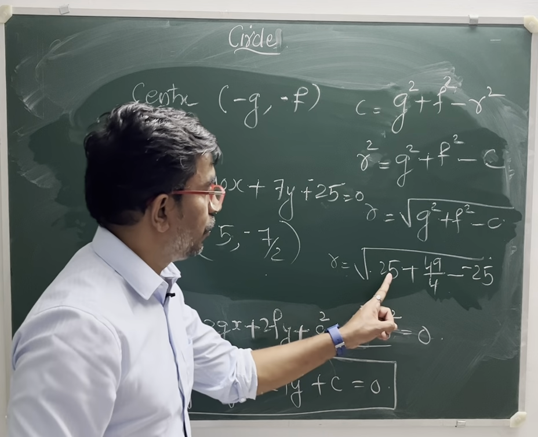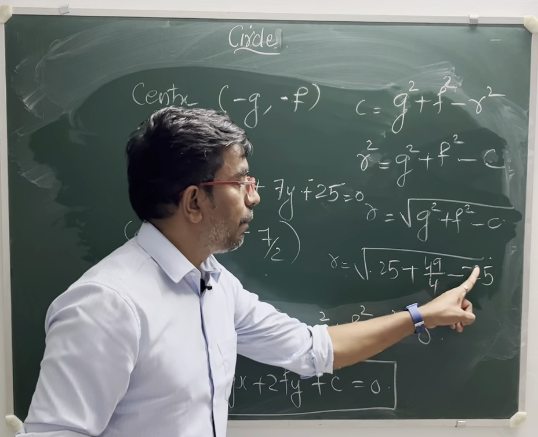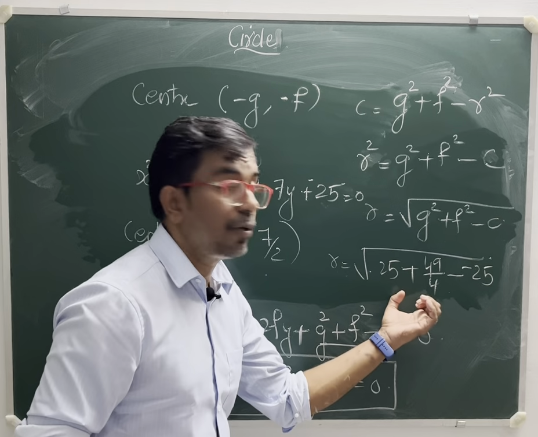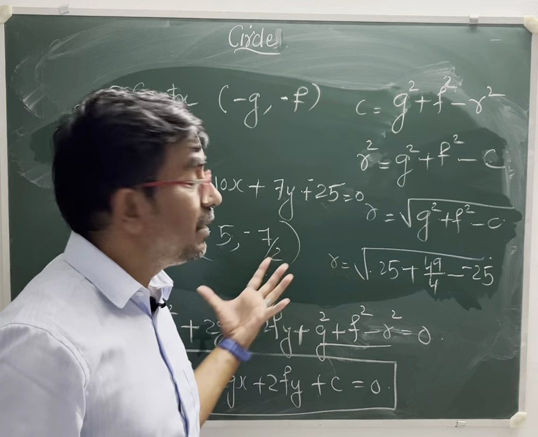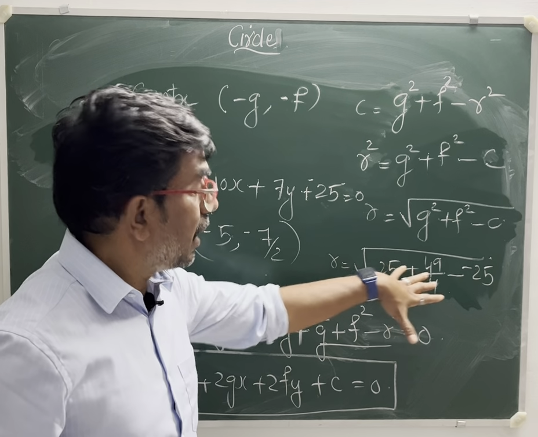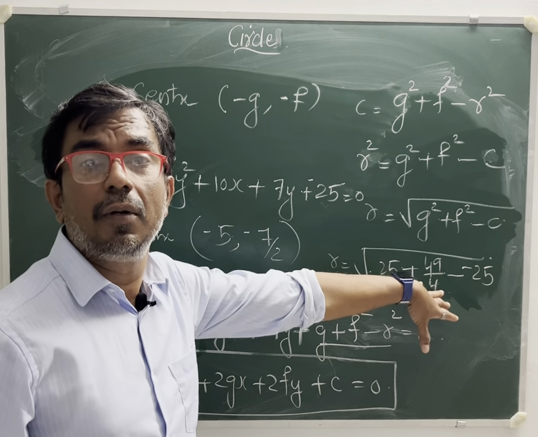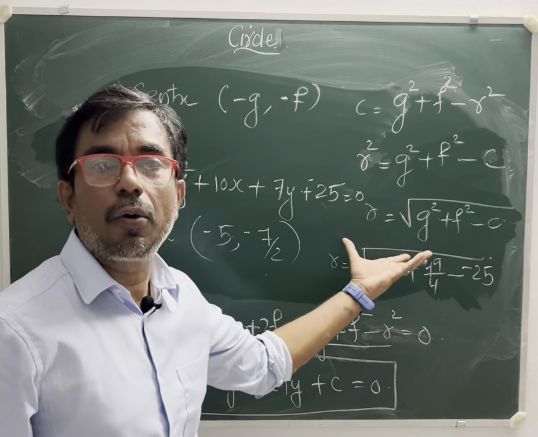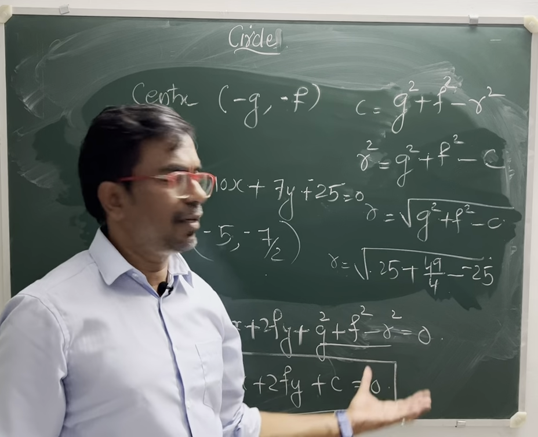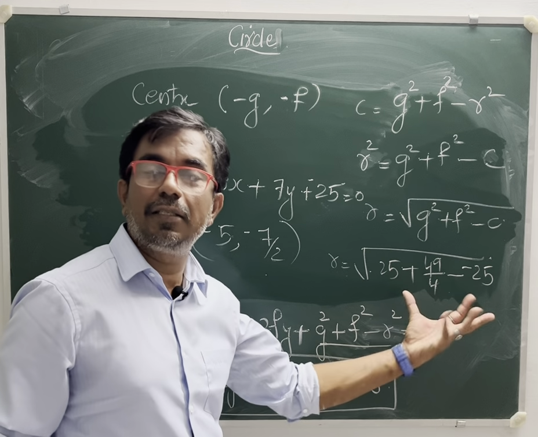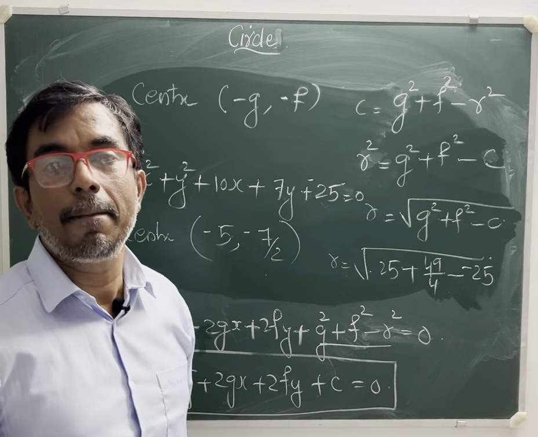So this you have to work out: 25 plus 49 by 4 plus 25, you work that out and get a single answer. Its square root will be the radius. Since I simply put a number, the calculation may look a little difficult. That's okay, but when you get a standard question, you can find it easily. Even if you couldn't find the exact answer, it's okay. Under the square root, you can write the single answer.